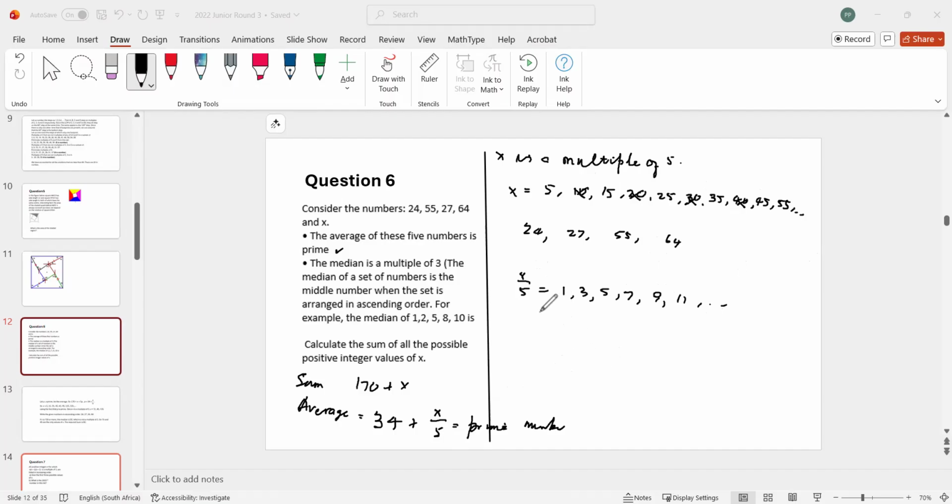And then when you're adding 34 to it, you get 35, 37, 39, 41. 34 plus 7, 34 plus 9 is 43, 34 plus 11 is 45.